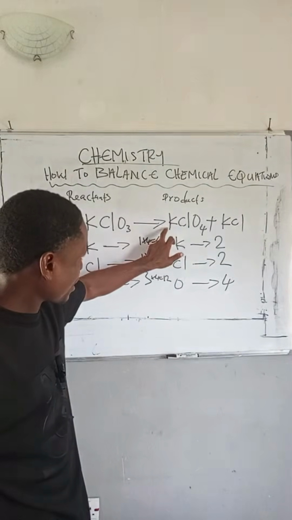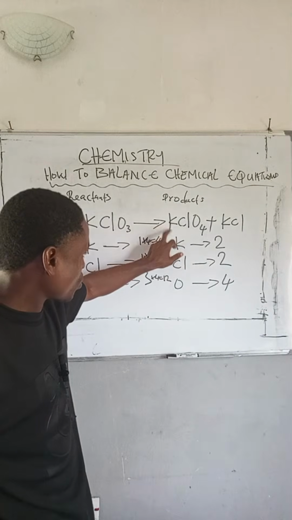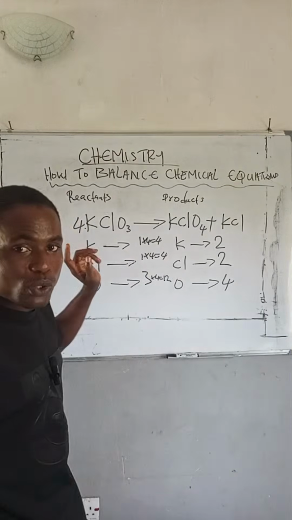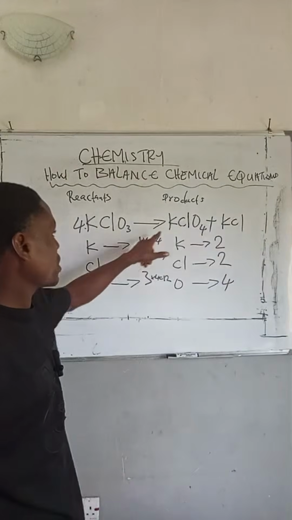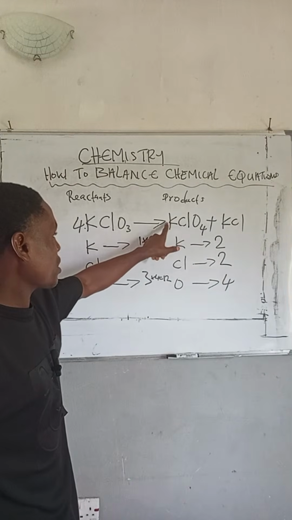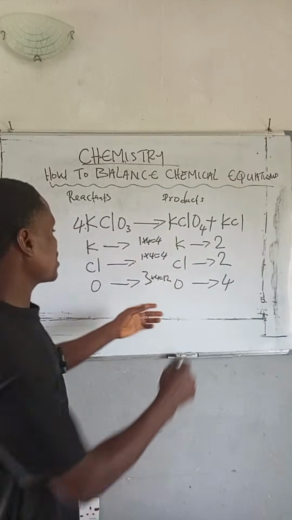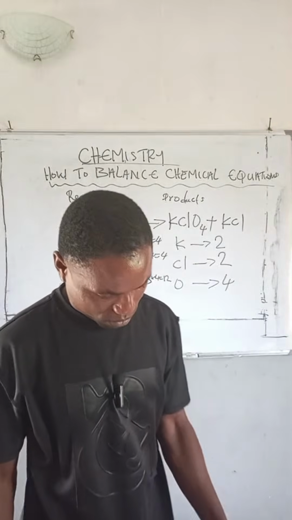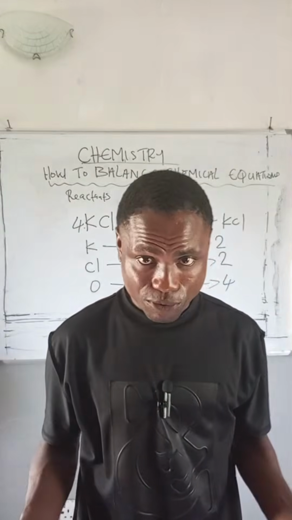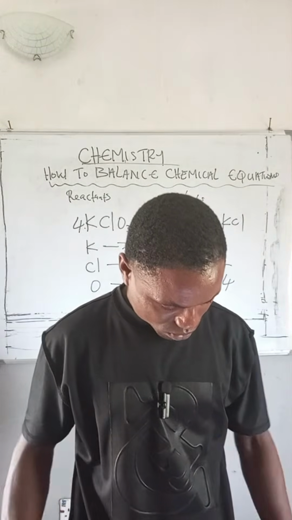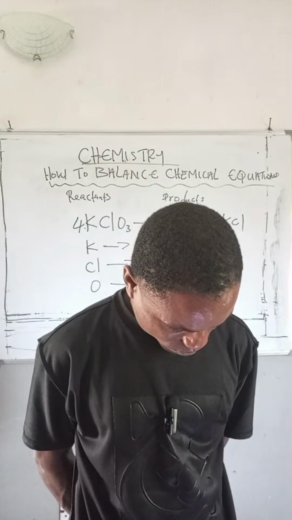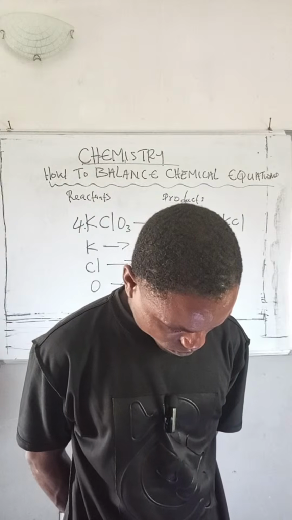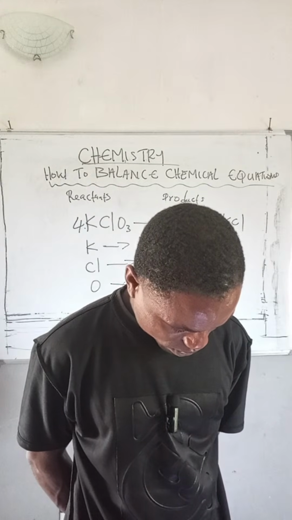Which number are we to introduce here to balance? Because the first two we used will not balance this equation. Is it the same 4 or 3 or which one? Okay, we're introducing 3.